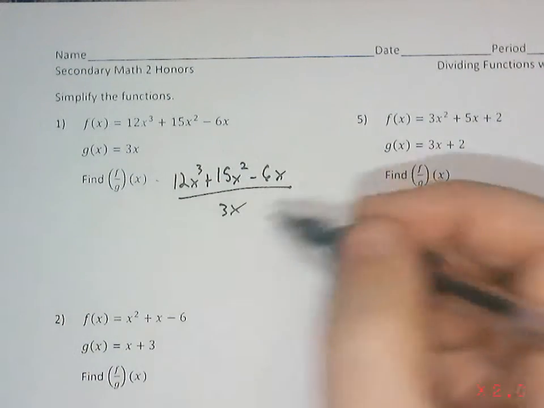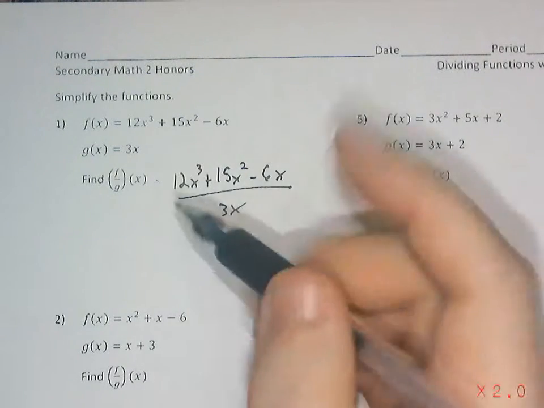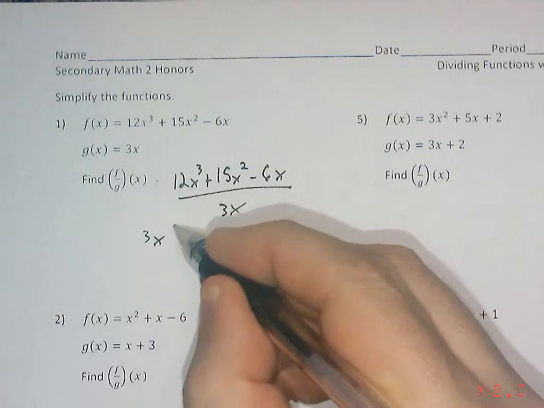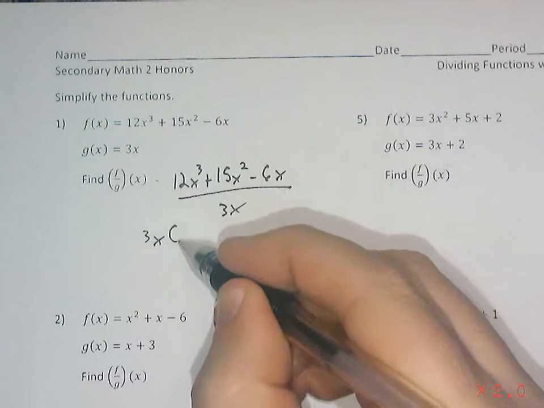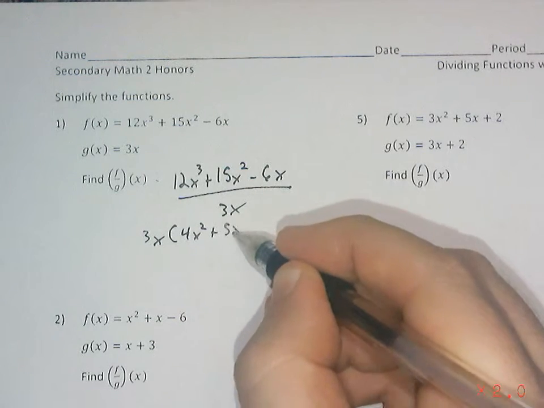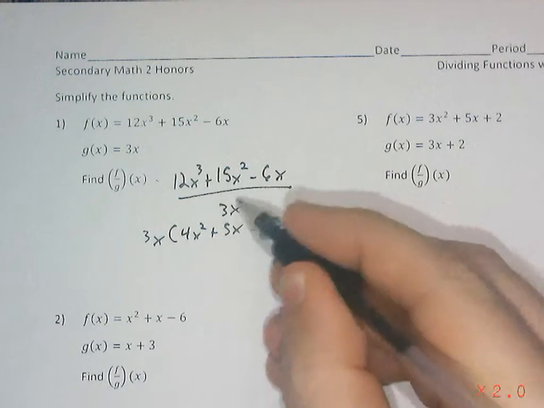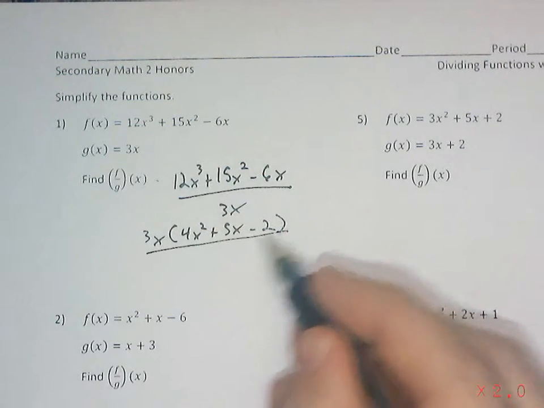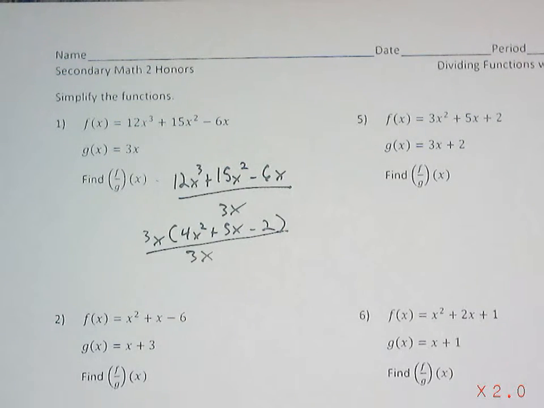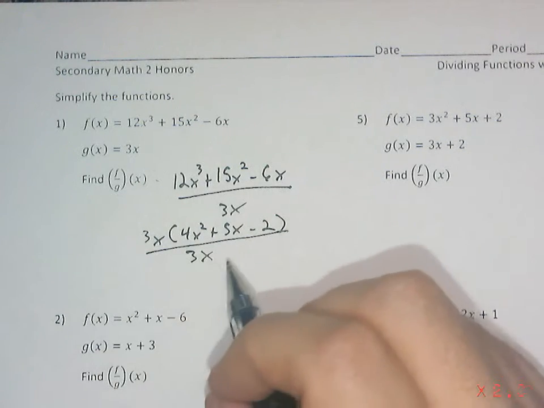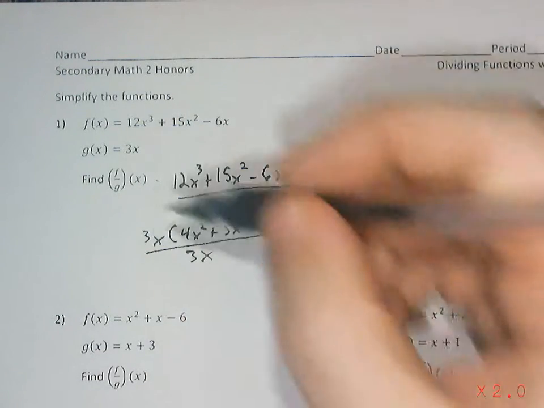So if I do that, my new function is going to be 3x times 4x squared plus 5x minus 2, and that's still dividing by 3x. When you are multiplying and dividing the same term, they can cancel each other out.